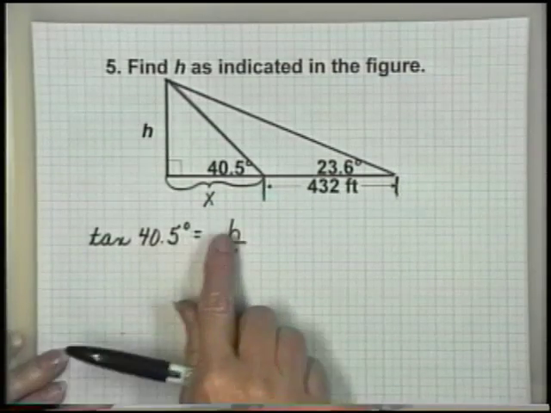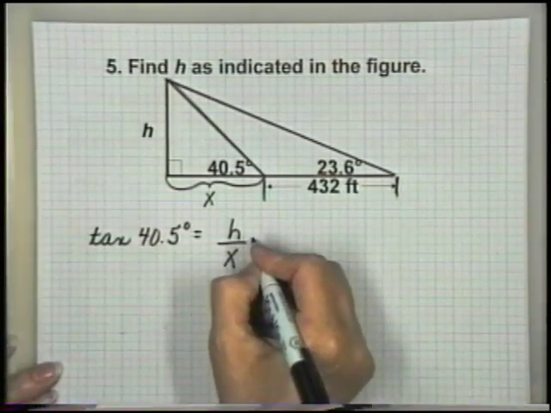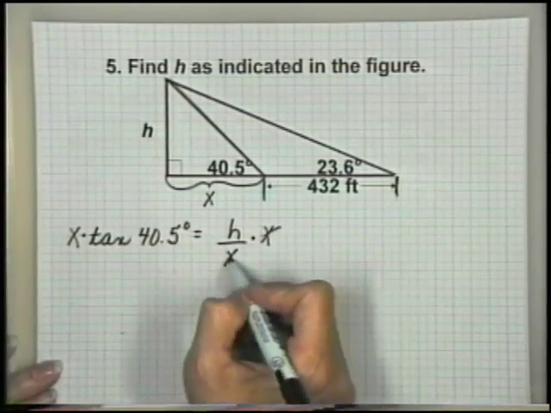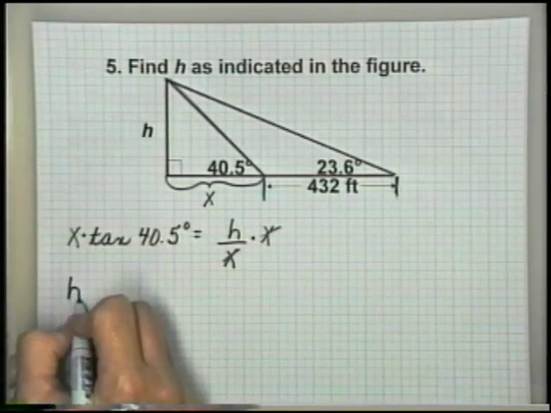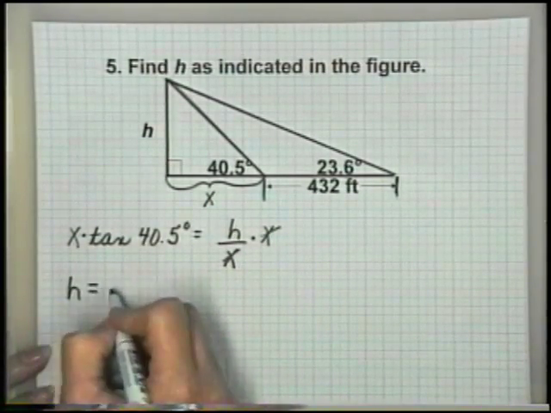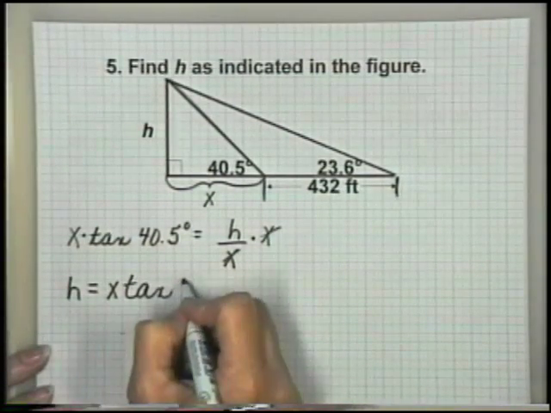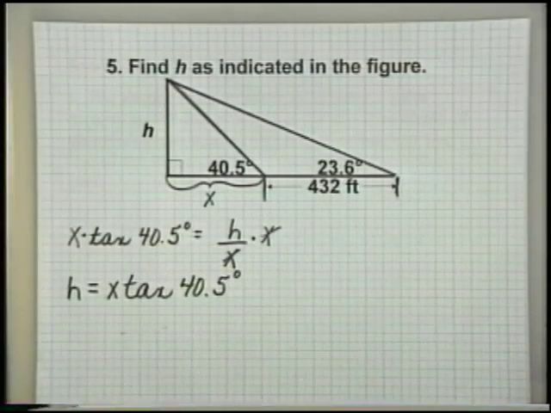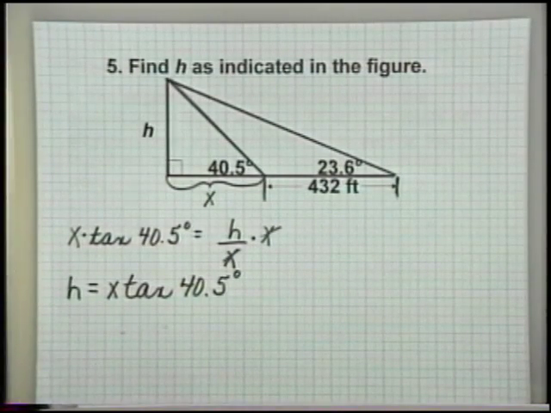The next thing I'm going to do is solve this equation for h. I can do that by multiplying both sides by x. Those will divide out, and from this equation, I know that h is equal to x times the tangent of 40.5 degrees. Now, I have an equation in two unknowns.